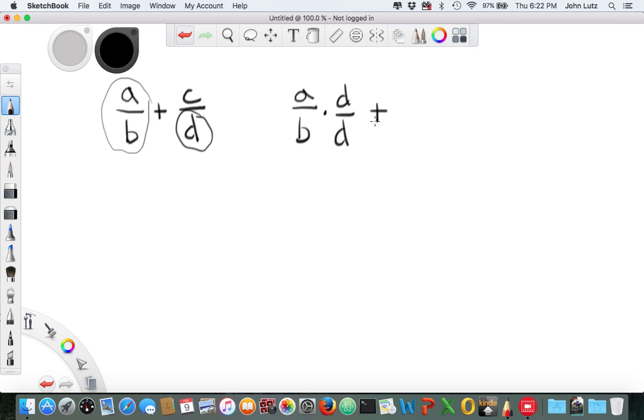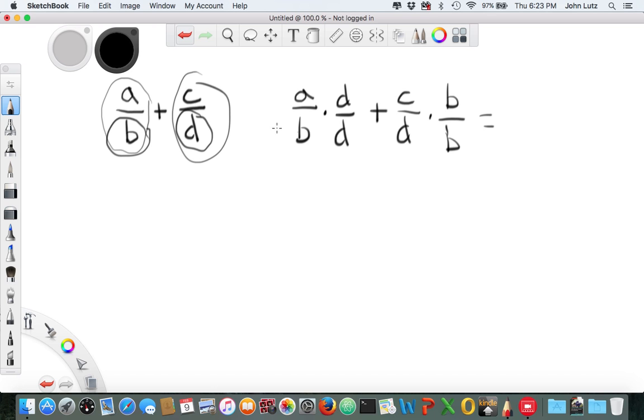And then to that, I'm going to add the second one, and I'm going to multiply both the top and the bottom by the bottom of the first. So it's going to be c over d times b over b. Okay?